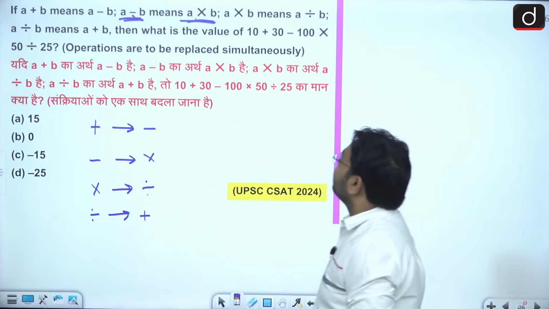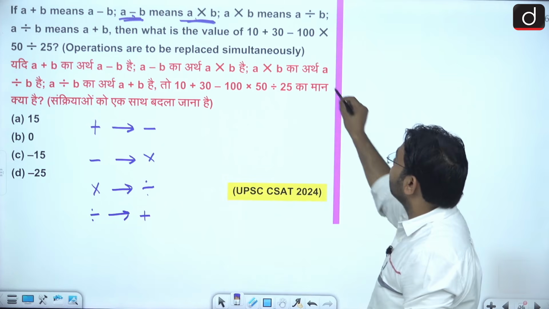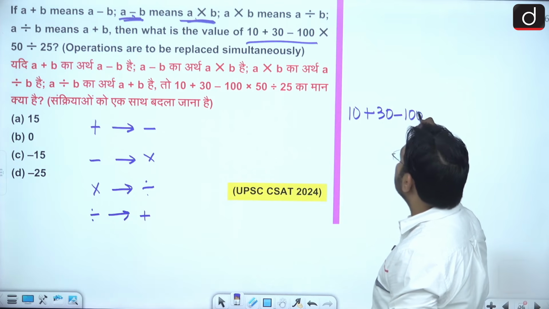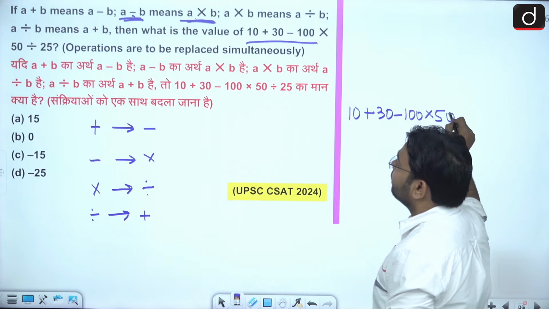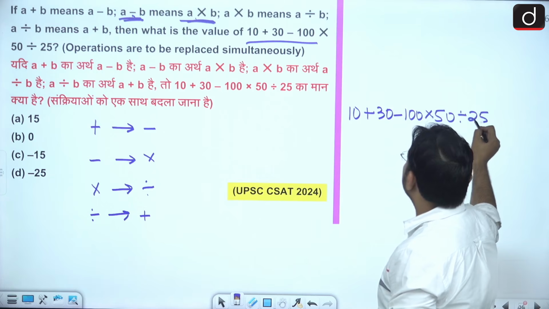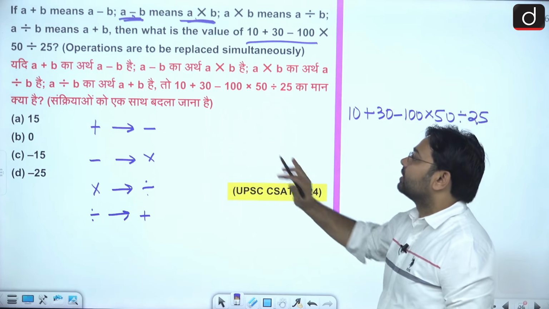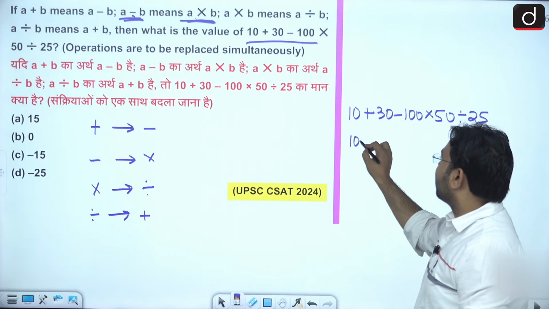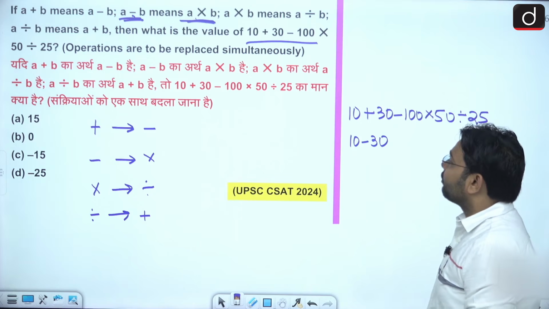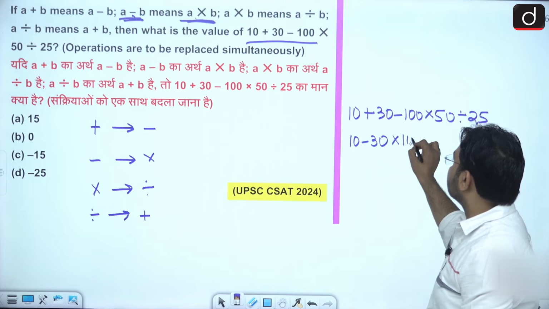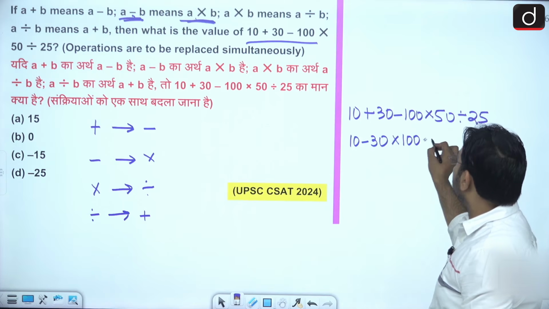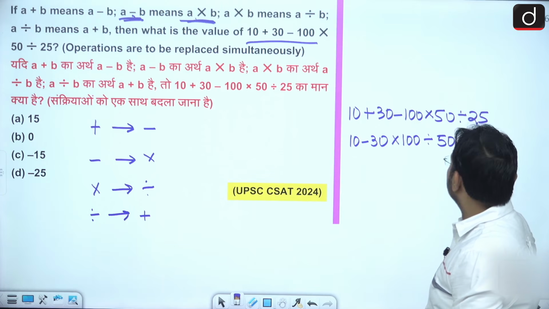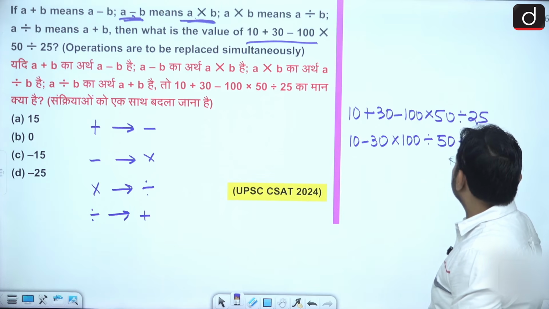So we need to find 10 plus 30 minus 100 into 50 divided by 25. But according to the question, in place of plus we will use minus. So 10 minus 30, and in place of minus we will use multiplication. This is 100. In place of multiplication we will use divide 50, and in place of divide we will use plus 25.